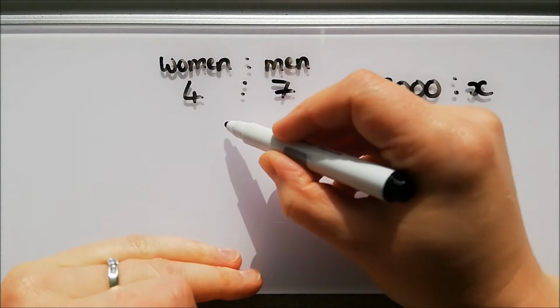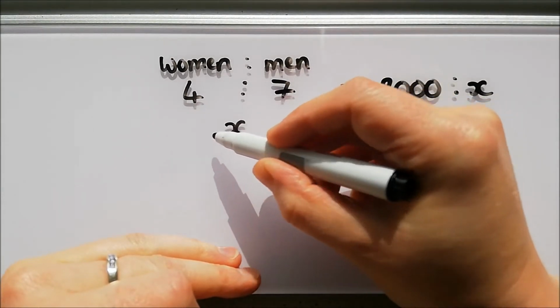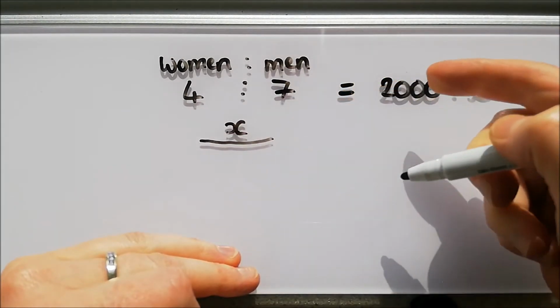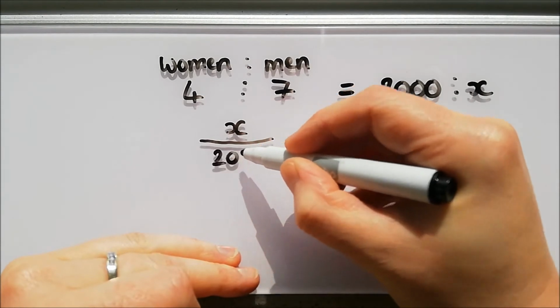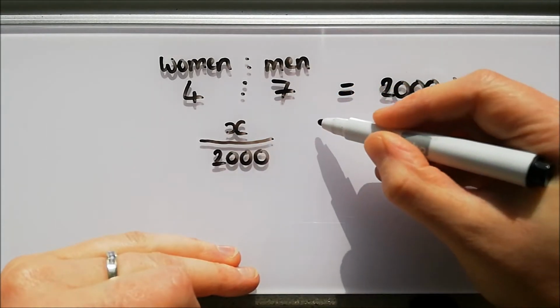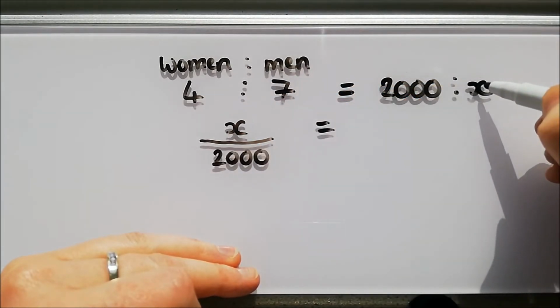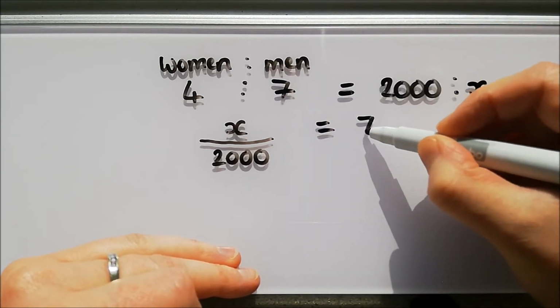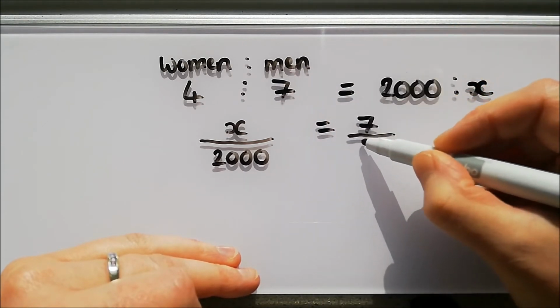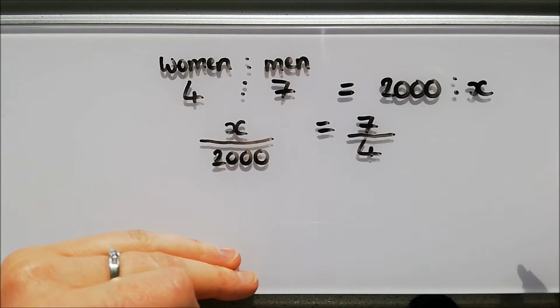We would then lead with our x and put x over the thing that it belongs with, the 2,000, equals x is on the right, so put the right hand side on top there, over 4.